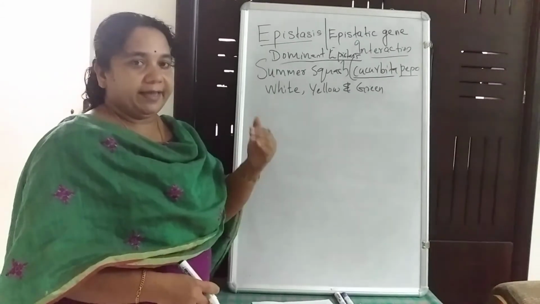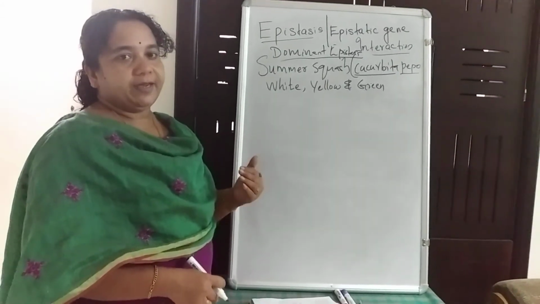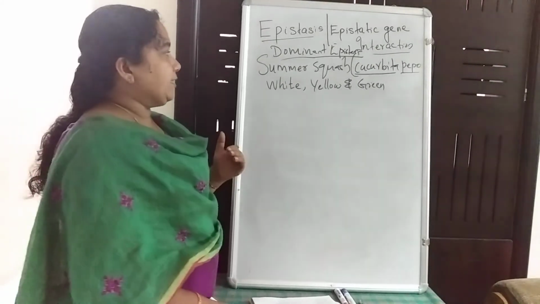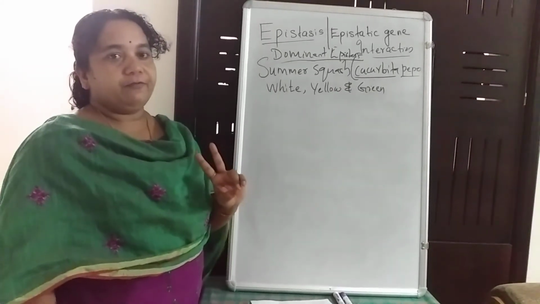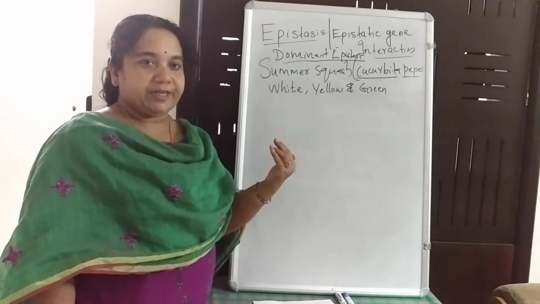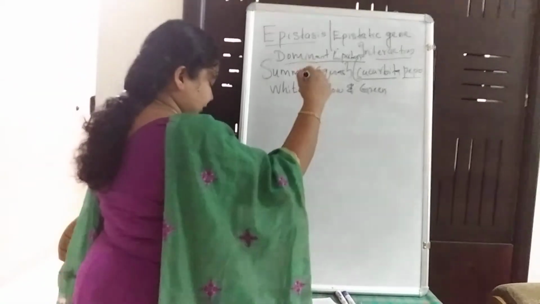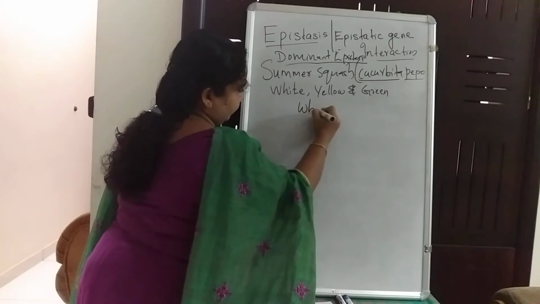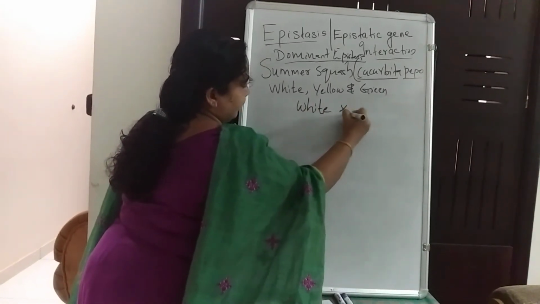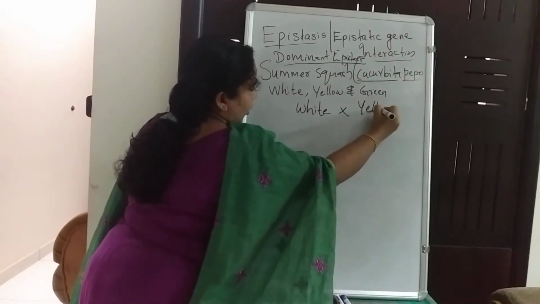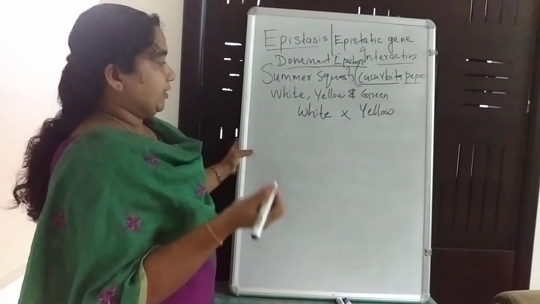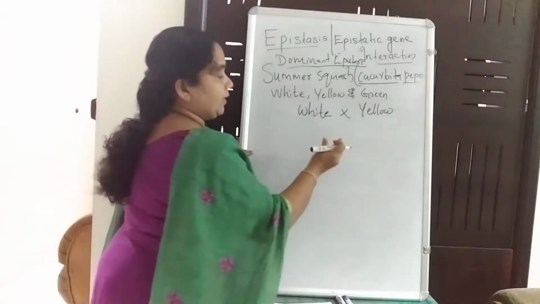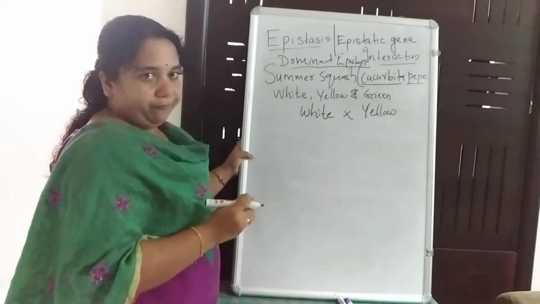Bateson conducted the experiment, and he selected two morphologically different varieties of Cucurbita pepo, one white and another yellow. For getting the ratio in 16 progeny, we have to get a heterozygous F1.